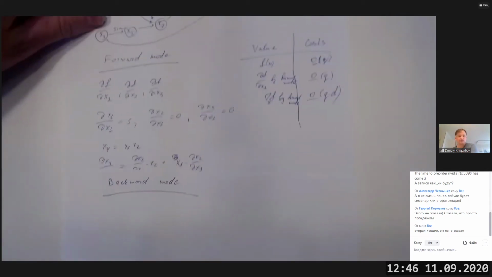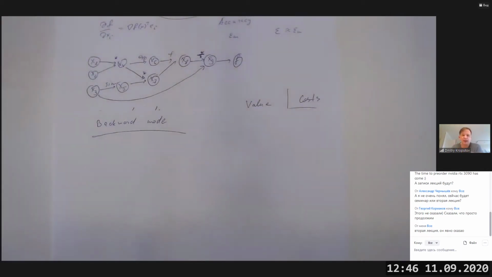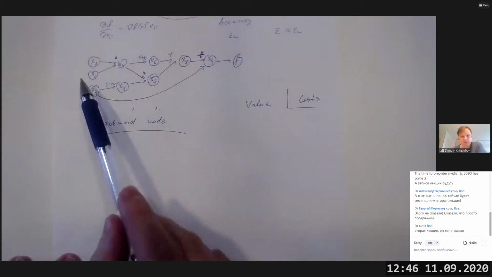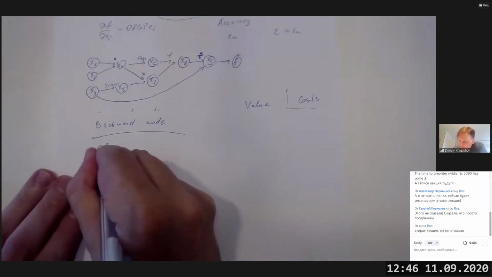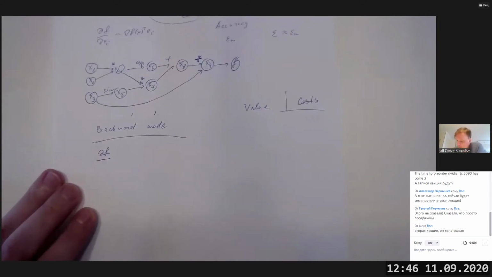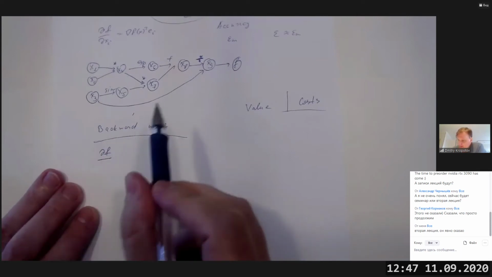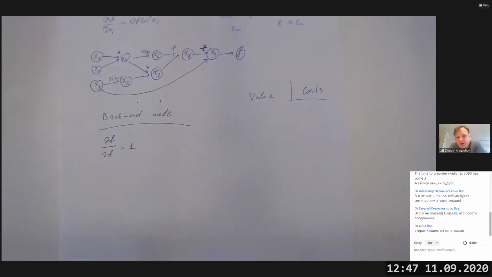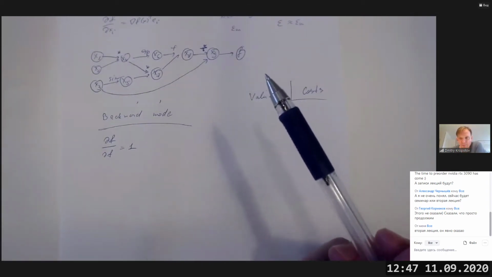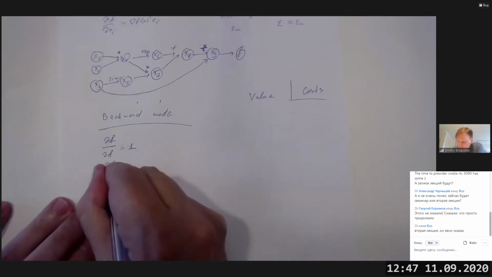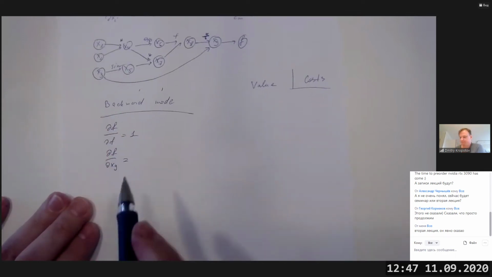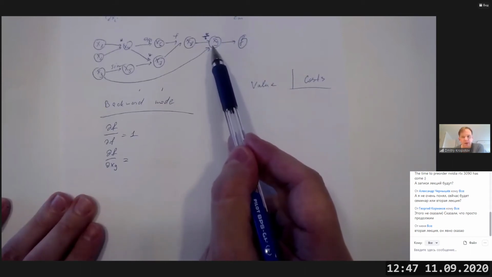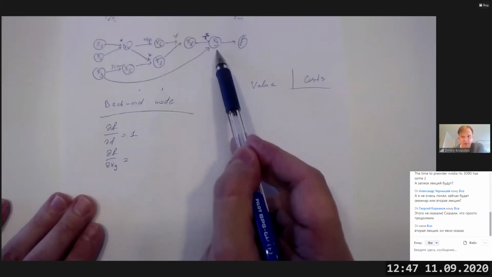for calculating derivatives, which is actually the same thing, but we go in our computational graph from right to left. So initially, we calculate the partial derivative of the output with respect to the output. On the next step, we calculate the partial derivative of the output with respect to the current intermediate variable that we consider.